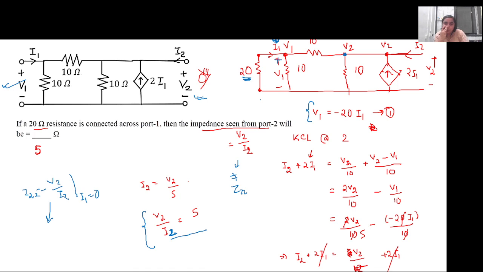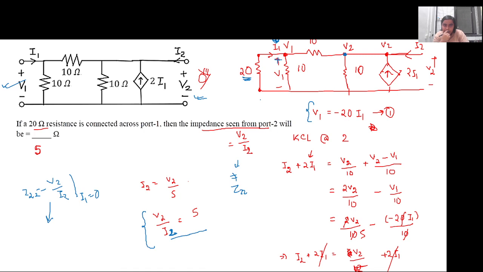Suppose in a two-port network, till now we have discussed like here in this question, at the input port V1, I1 and resistances are in ohms. And suppose this is a two-port network, V1, I1, with 10 ohm, 10 ohm and 10 ohm given, and V2, I2.